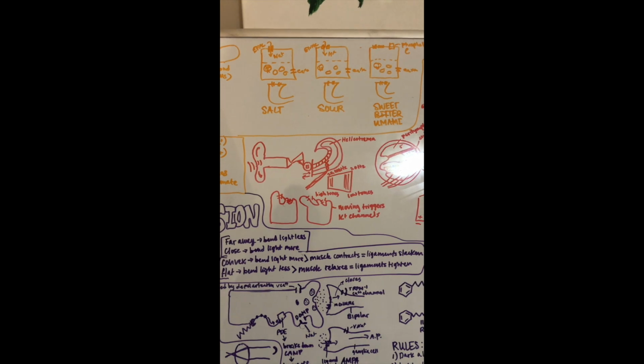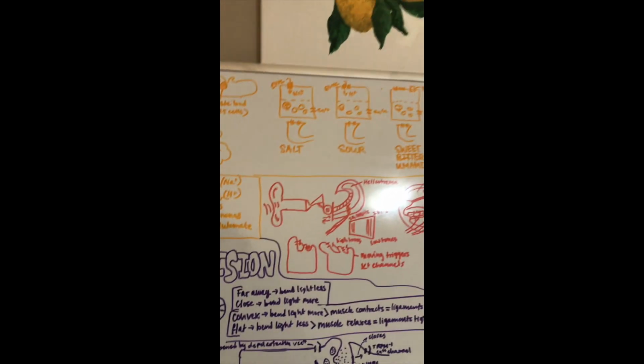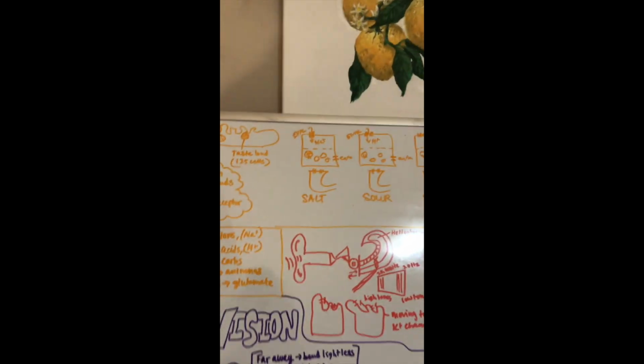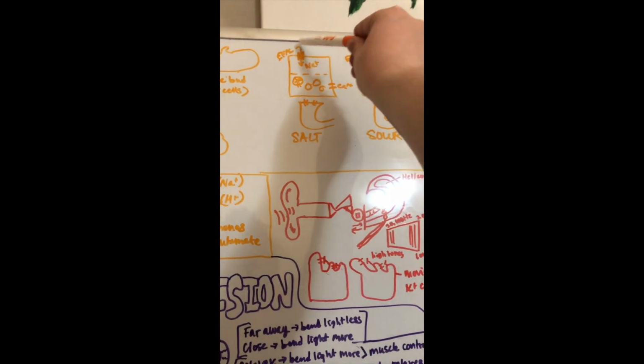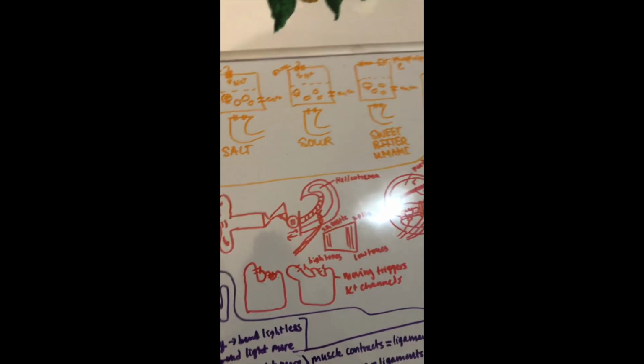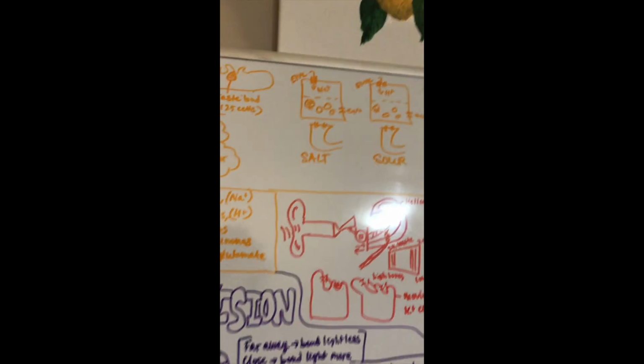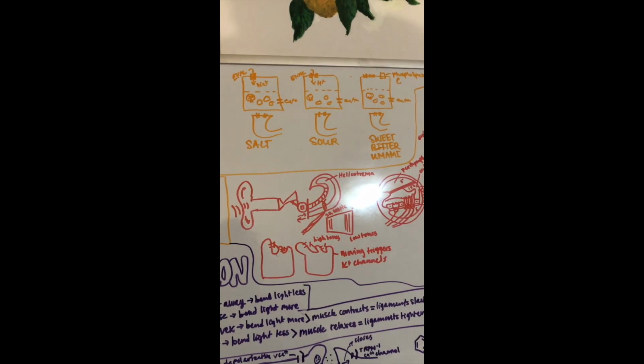The first one is salt, and you've got an ENaC receptor that is going to allow sodium to flow in, depolarizing the cell. Each of these bottom halves of our examples are the same.